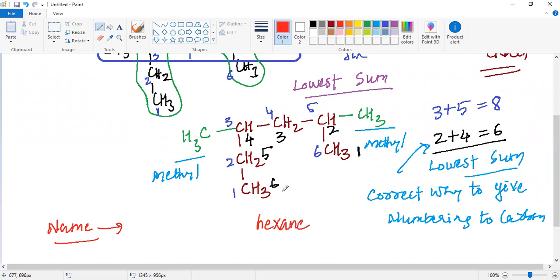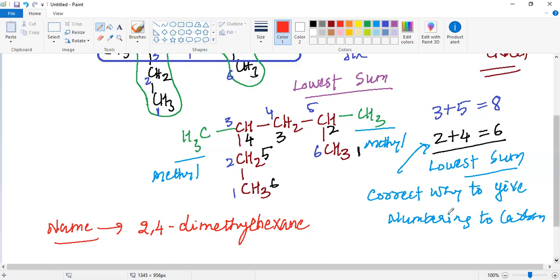What kind of hexane is it? On the hexane, we have on second and fourth carbon, 2 methyl groups present. So on the second carbon and on the fourth carbon, we have dimethyl groups. So it is 2,4-dimethyl-hexane.